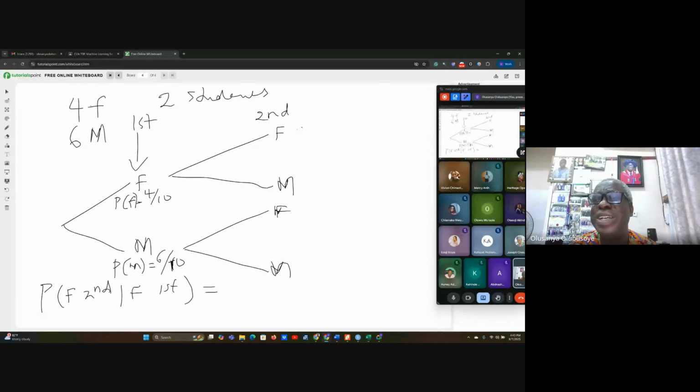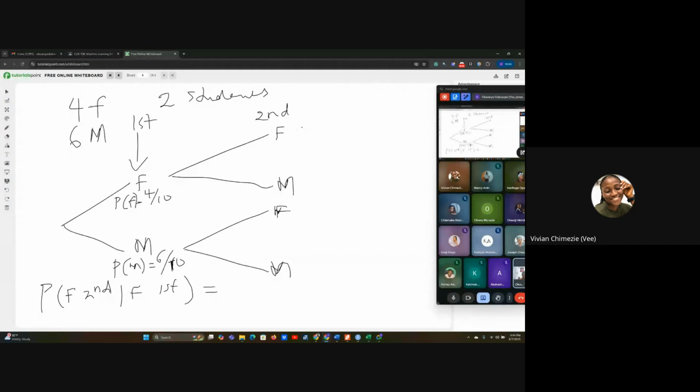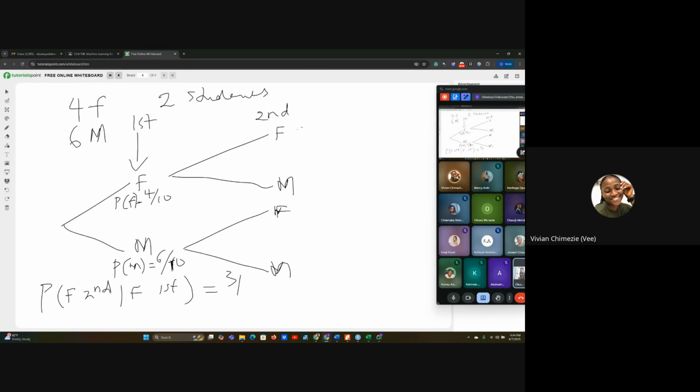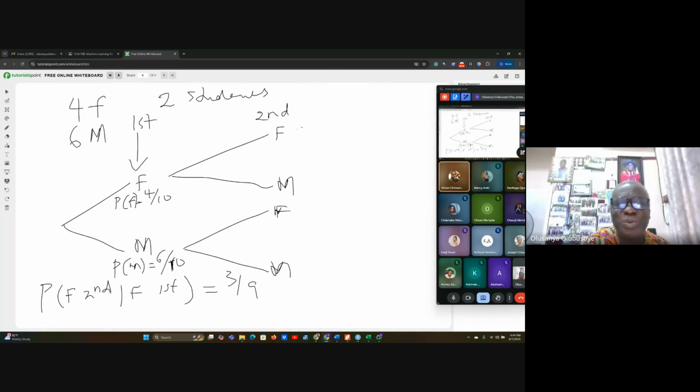So how many students are left? 9. So what will now be this probability? 3 over 9. Yes, sir. This probability is what we call conditional probability because it's conditioned on what happened in the first selection.